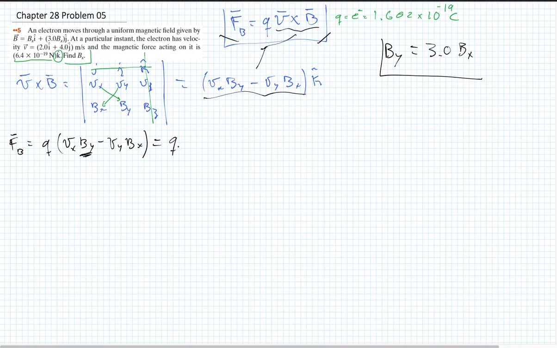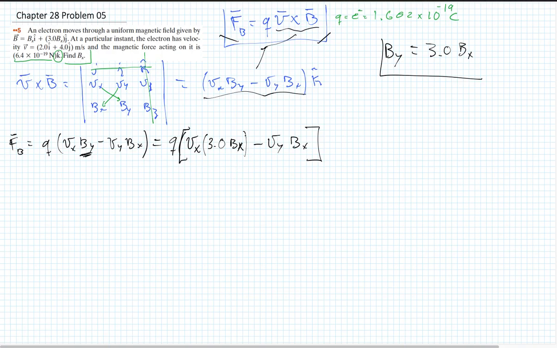So let's plug this into our force equation. It's going to be the charge. Listen, I'm not plugging in any number so far. So Vx, let's put a bracket here. Vx is going to be 3 times Bx, because By is 3 times Bx, minus Vy and Bx. And the problem is asking us, what is Bx? So now is the time to do something that can help us a lot before we plug in the numbers like crazy.